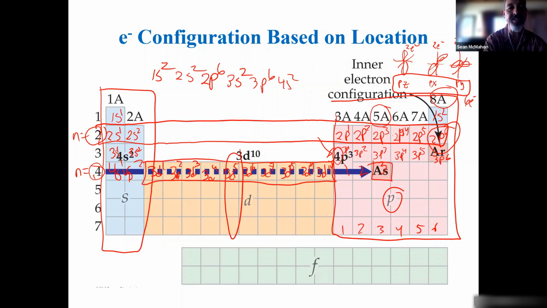To go all the way across, now I'm going to have a 3d10. And then I still have a few more electrons. How many? 1, 2, 3, which lands me at a 4p3.